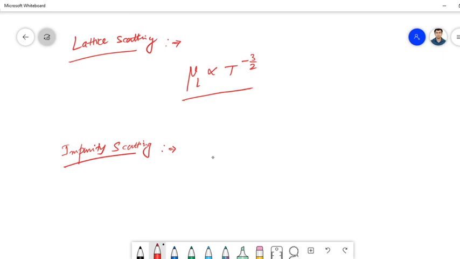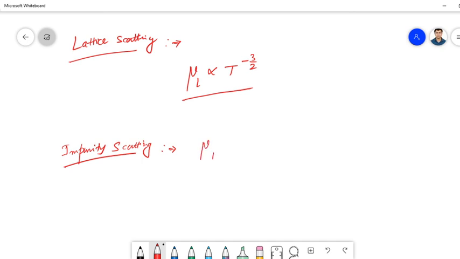But unlike lattice scattering, here it is the other way around with temperature: when the temperature increases the carriers move faster because of thermal agitation, so they spend very little time near the impurity atoms, and the effect is insignificant at very high temperature.